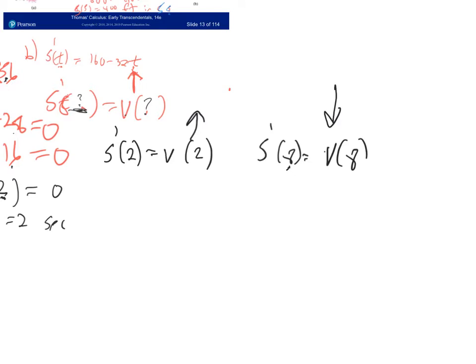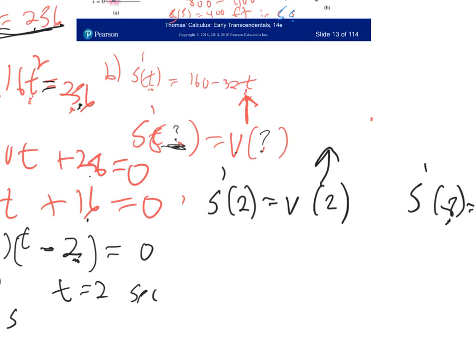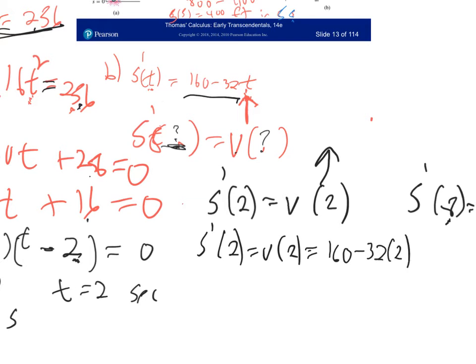So the velocity at 2, I need my velocity equation. If you recall, there it is. So this one's going to be s prime of 2, which is v of 2. I'm hitting that in the head hard so you understand this connection. It is equal to 160 minus 32 times 2.